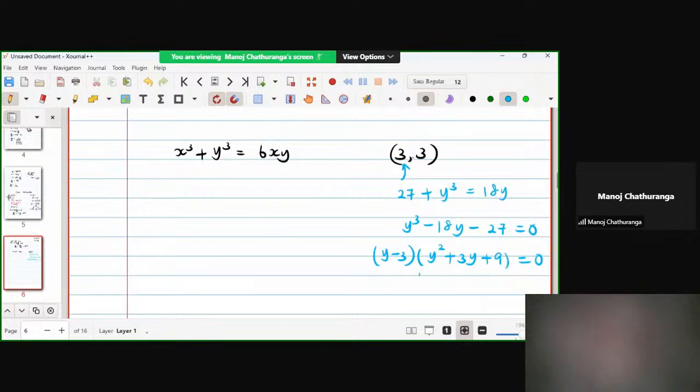So this equation can have other solutions. It may give us some other y values. We already know this value, but in general, it can have other solutions too. So that is why this is not a function. This equation is not representing a function.